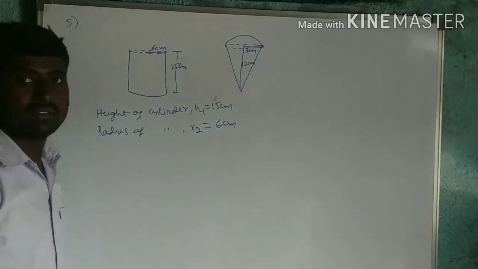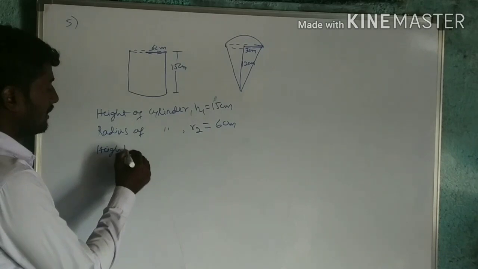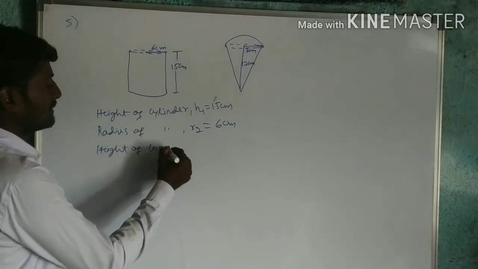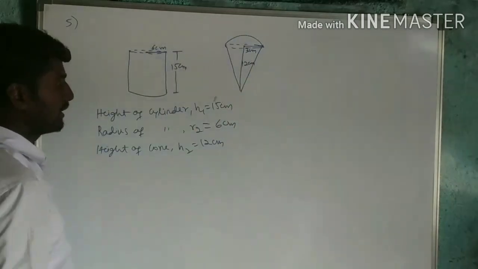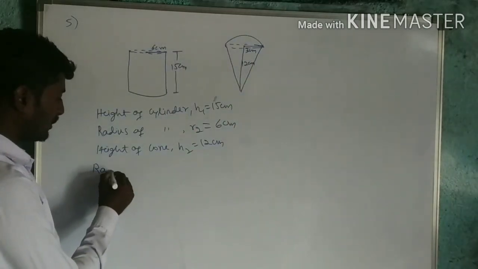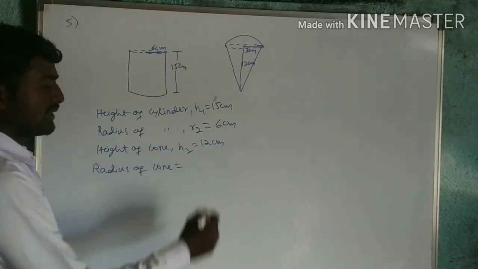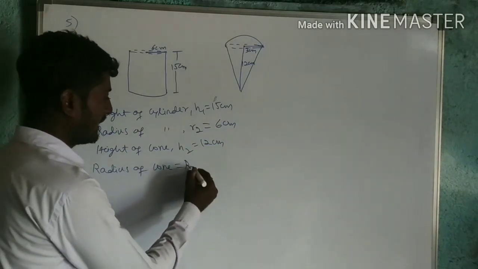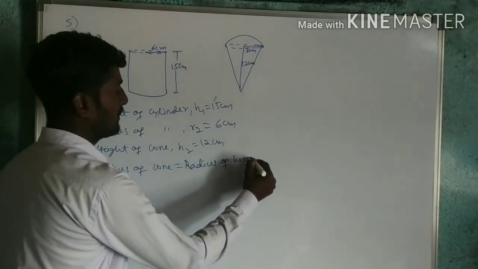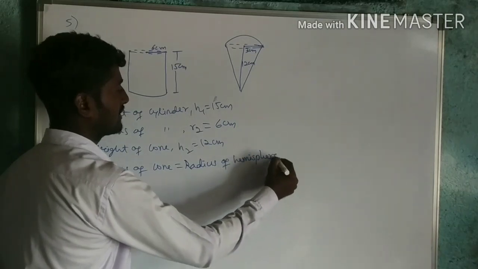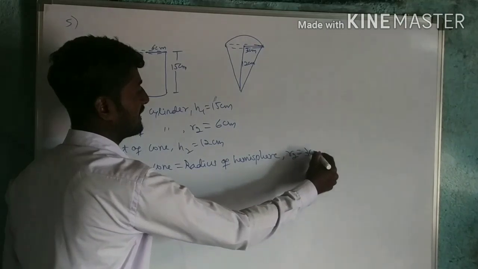Next I will go for a cone. Height of cone, I will take h2, that is 12 centimeter. Then the radius of cone is equal to the radius of hemisphere, so I will take it as r2, which is 3 centimeter.